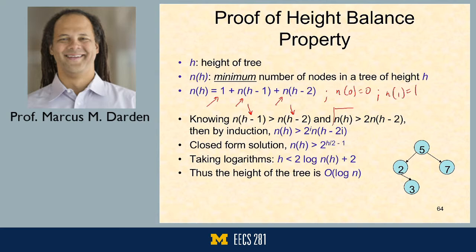So in that way, I can come up with this relationship here, n of h, because we have more than short side here and more than short side there. So if I add those two together, it's still not quite enough to get to the total weight. So I can say that n of h has to be greater than 2 times the number of items in the short side. That's what the boxed expression says. The number of items in the tree is more than twice the number of items in the short side because we've got to have a tall side, plus we've got to have a root.